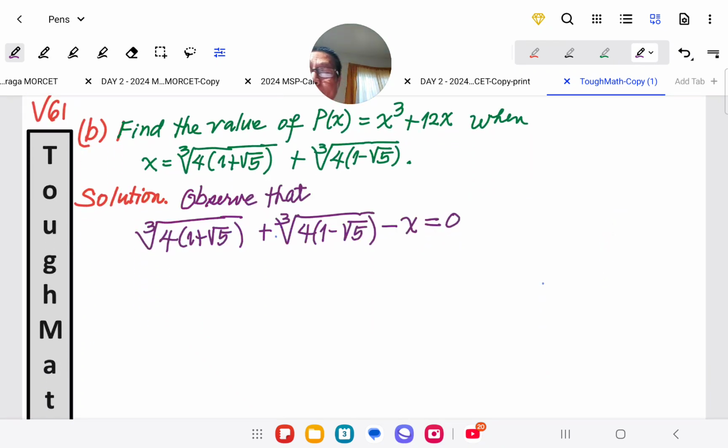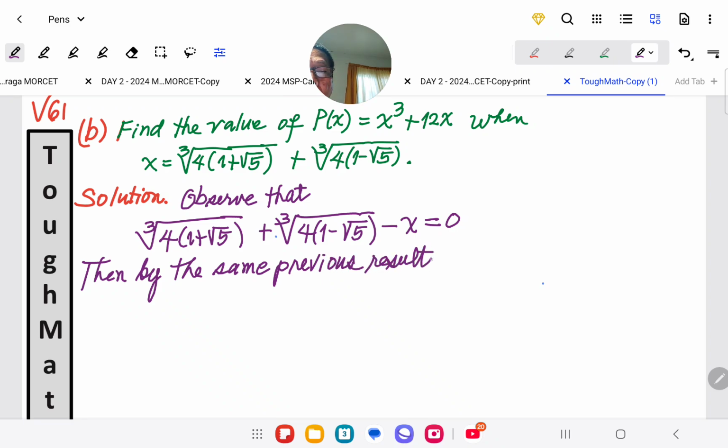Then by the same previous result, we cube each term, so the cube of the cube root is just the expression inside the radical sign.